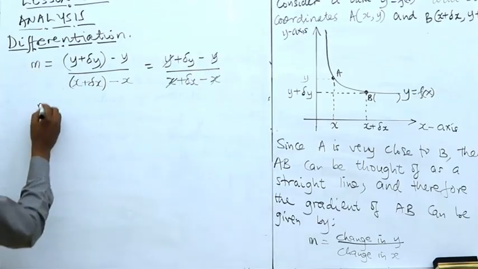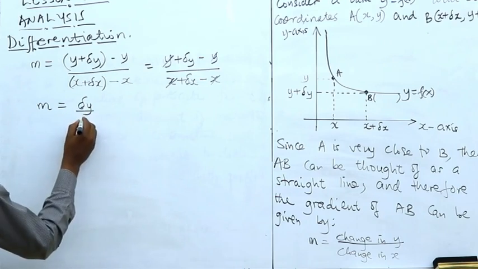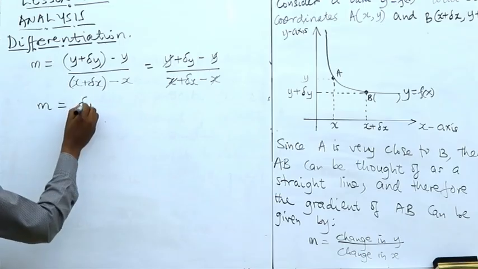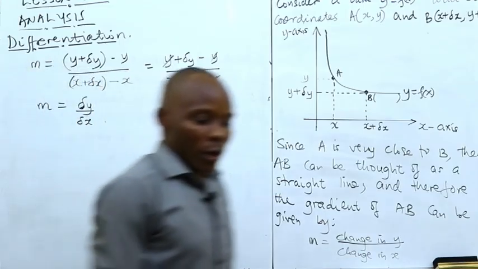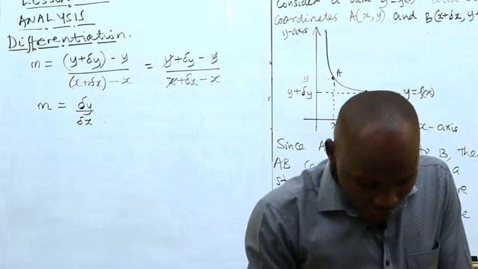And what does that give us? It will give us delta y over delta x as our gradient.